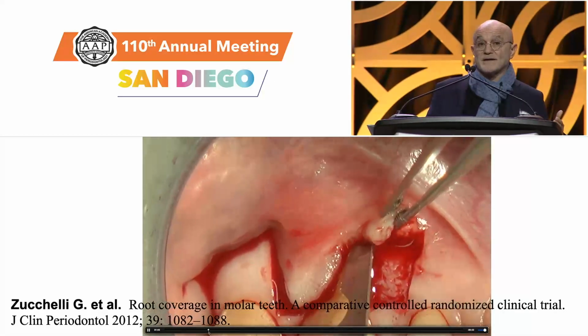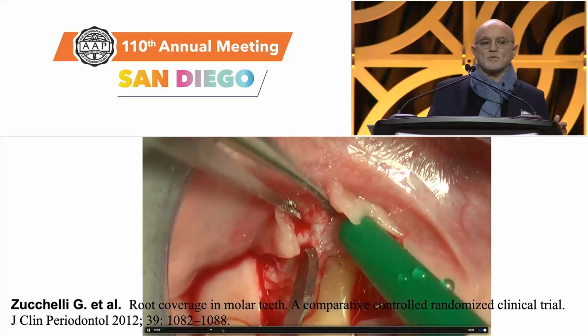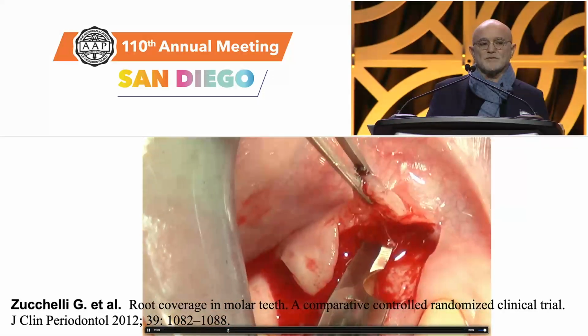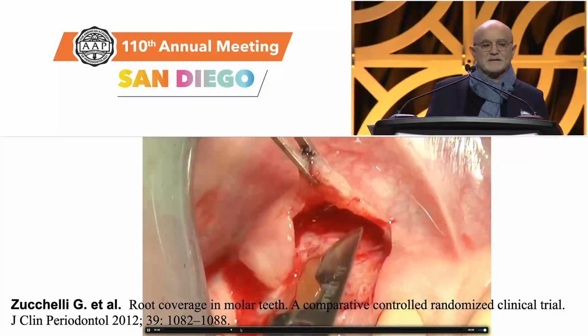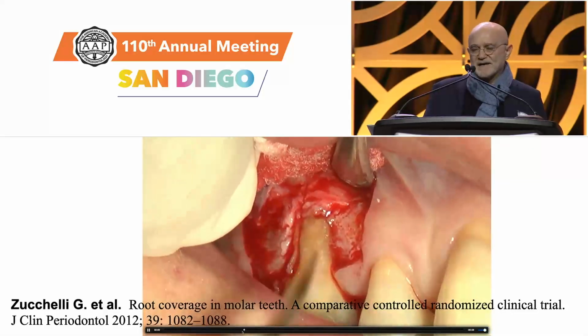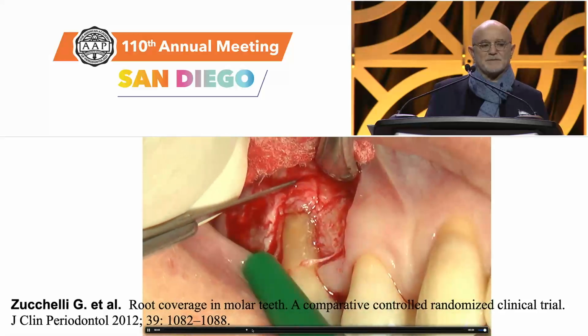If there is a pocket apical to the gingival recession, we have to remove the pocket epithelium, so we have to make a split thickness elevation also at the buccal aspect of the root, and then specifically remove the epithelium. But again, this superficial incision allows the advancement of the flap as much as you want, and this is completely independent from the recession depth.